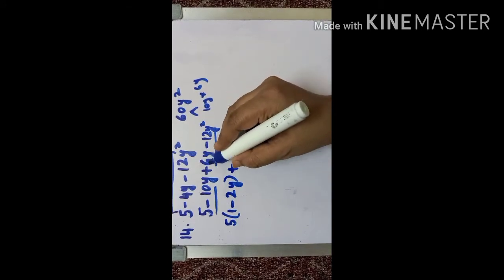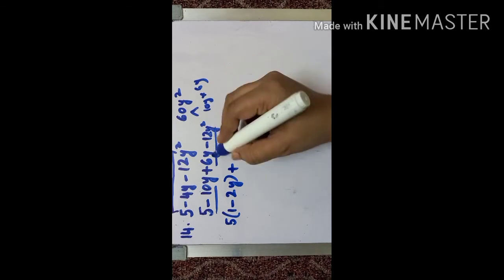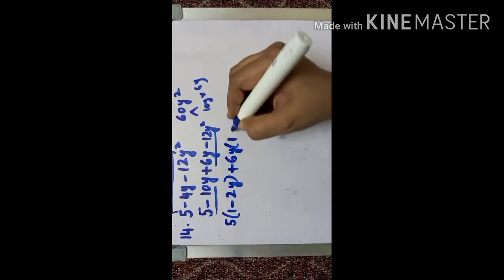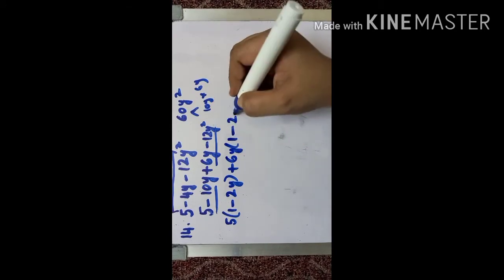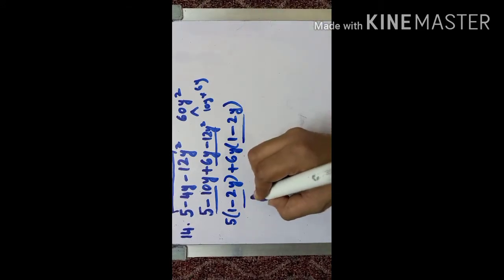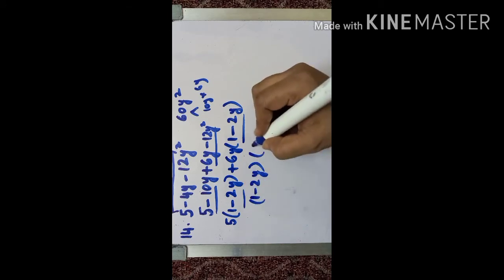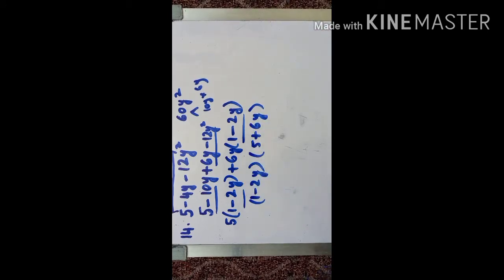So 6 also you can take common as 12 is there, and y also you can take common. So 6y will be common, then 1 minus 6 2s are 12, and y into y will be y square. So 1 minus 2y common, then 5 plus 6y will be remaining.